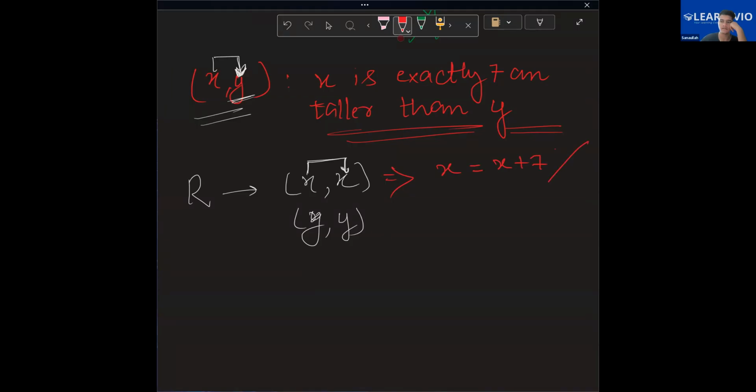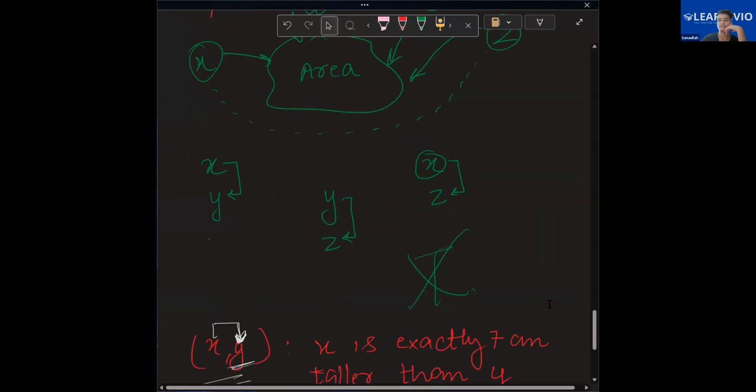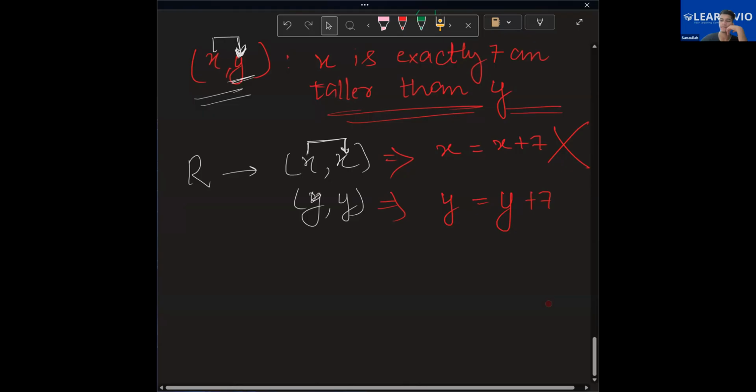That is not possible. Y cannot be y plus 7. Understood? So definitely this is not reflexive.